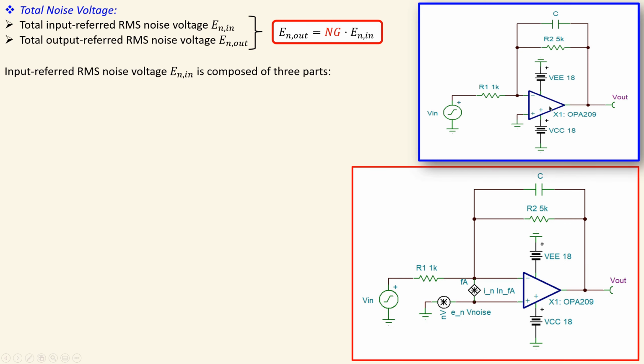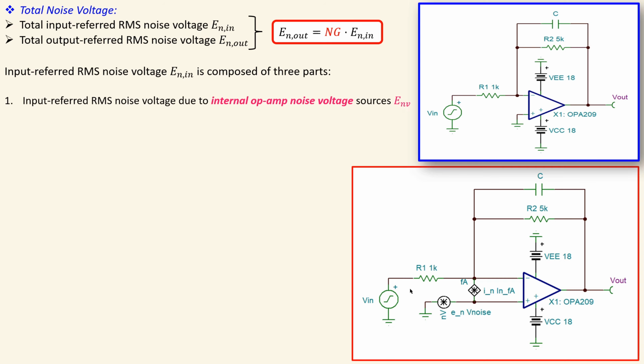So the op-amp here has noise, but in this model the triangle is noiseless, and we have added 2 noise sources: the noise current source here given by this symbol, and a noise voltage source at the input of the op-amp. This will contribute noise voltage at the input, and we have also the resistors that will cause some noise voltage at the input.